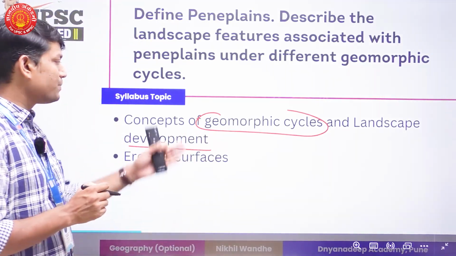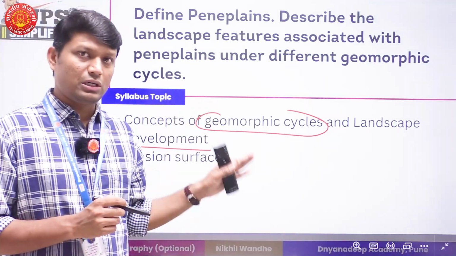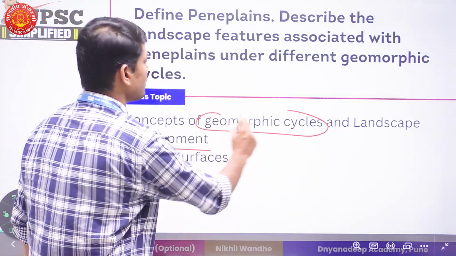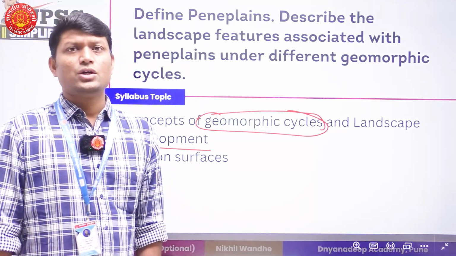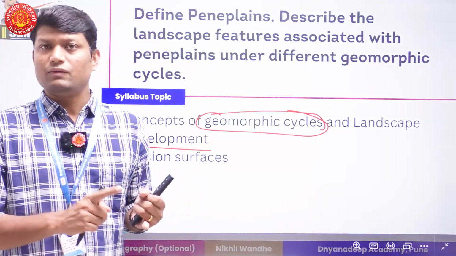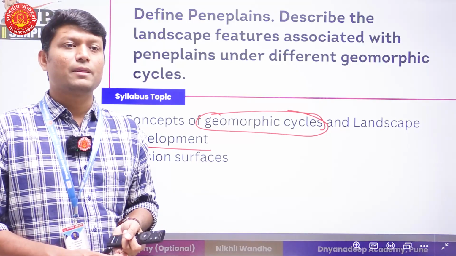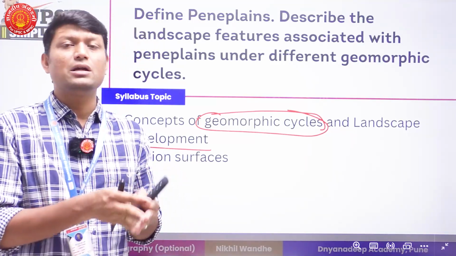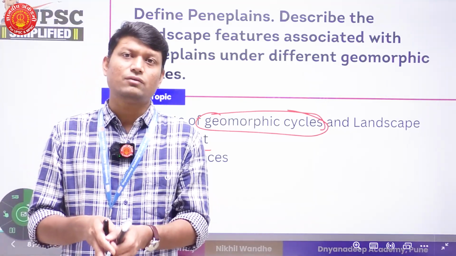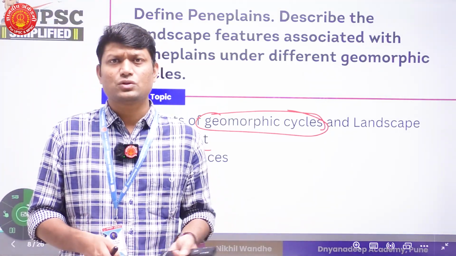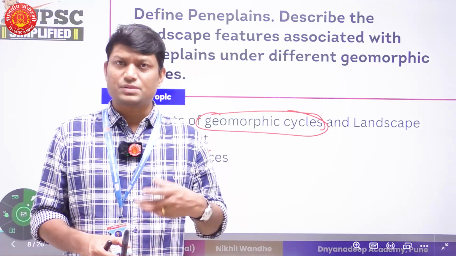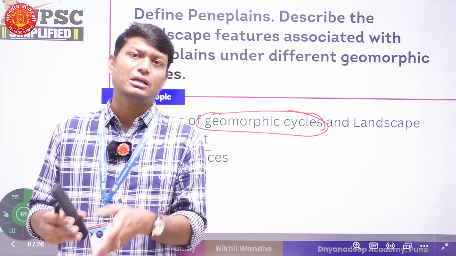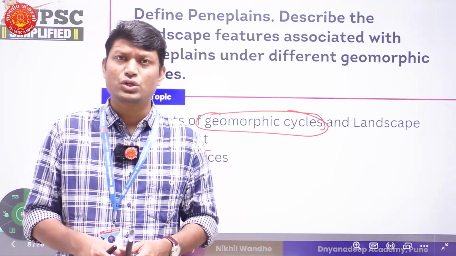Fine. And in this particular topic, we are supposed to learn regarding various geomorphic cycles. So you must have come across Davis's cycle, Fink's cycle, right? At the same time, there are different cycles depending upon the climatic conditions under which the cycle is taking place. So there are some arid cycles, subhumid region cycle, or glacial and periglacial cycles of erosion, so on and so forth.